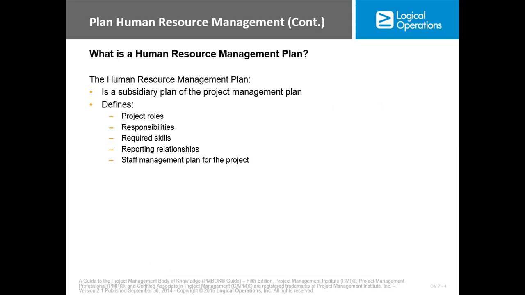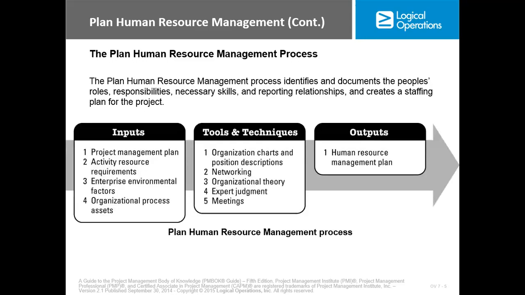Now, the human resource management plan is a subsidiary plan of the project management plan. It defines the project roles, responsibilities, required skills, reporting relationships, and staff management plan for the project. The plan human resource management process identifies and documents the people's roles, responsibilities, necessary skills and reporting relationships, and creates a staffing plan for the project.